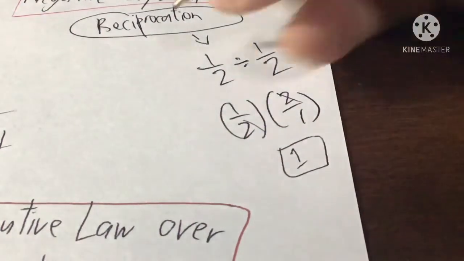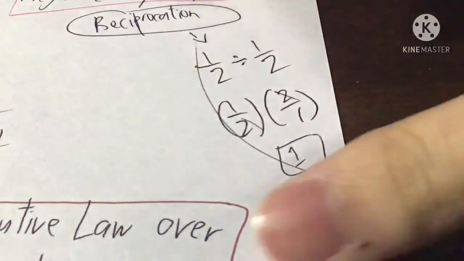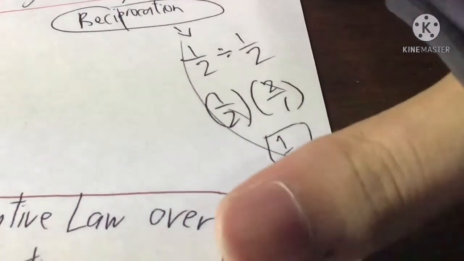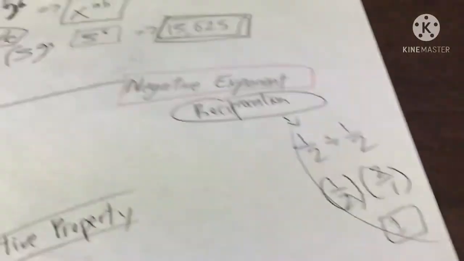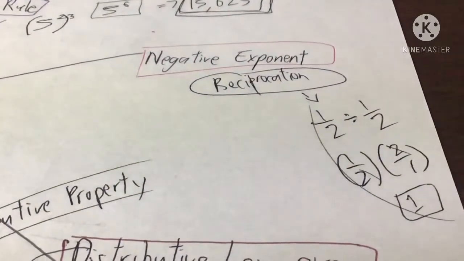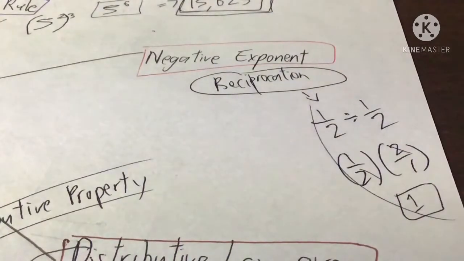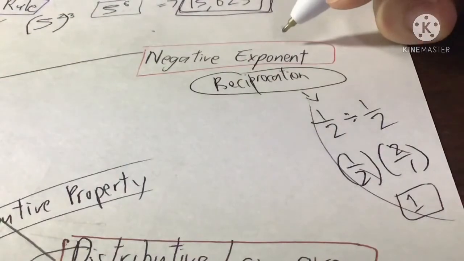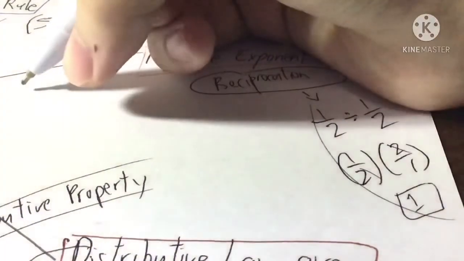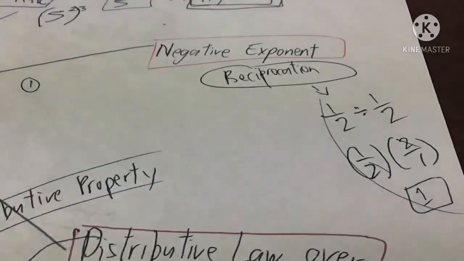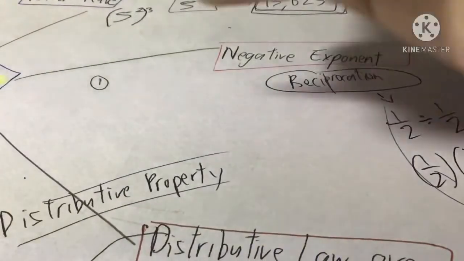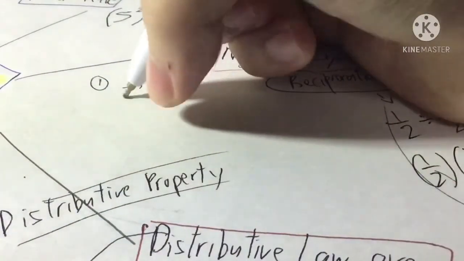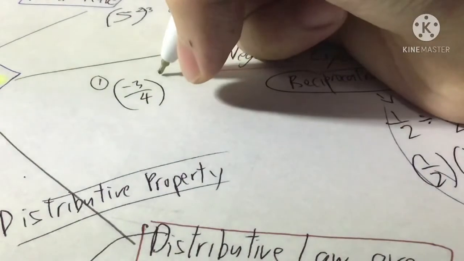So that's not really our lesson right now, just to remember what we learned back in grade school regarding fractions. Moving back to negative exponent. We do not really have any much of a formula to use for negative exponent, but we can use some examples. Example 1. we have negative 3 over 4 raised to negative 2.